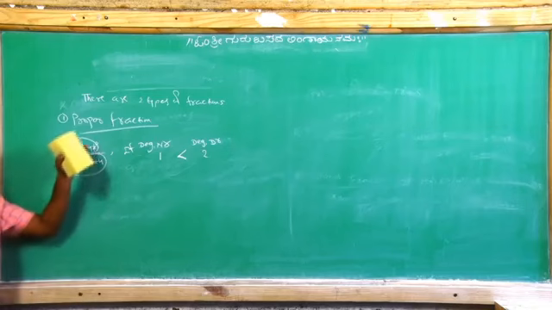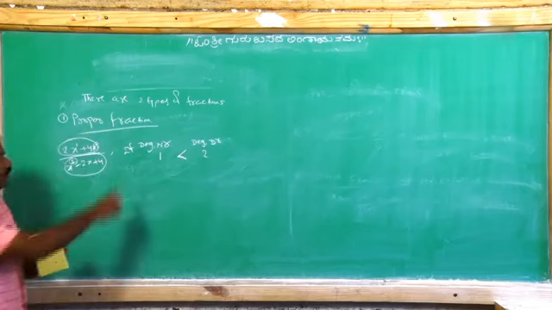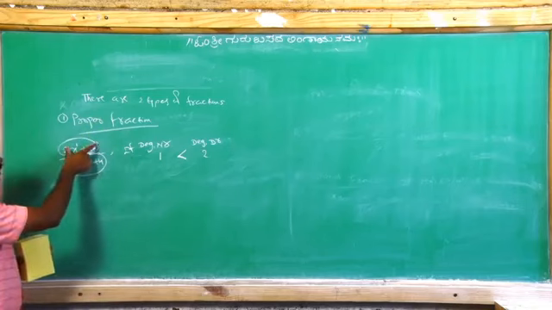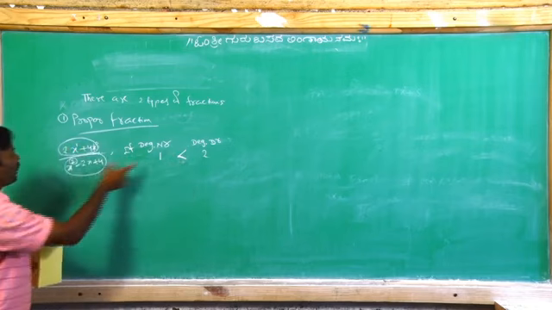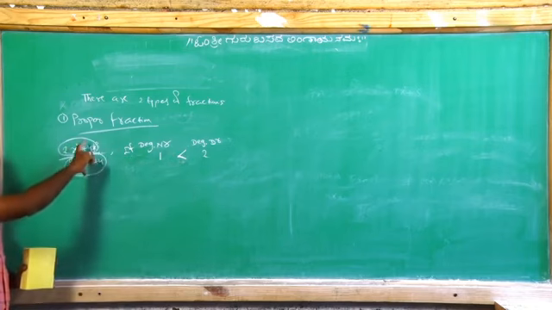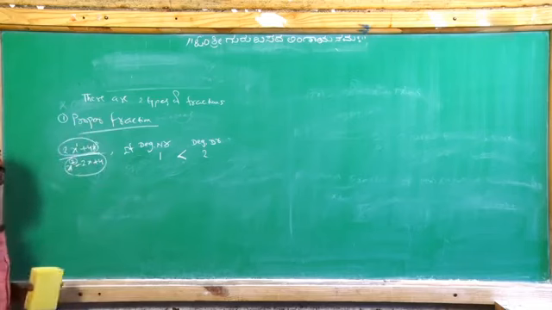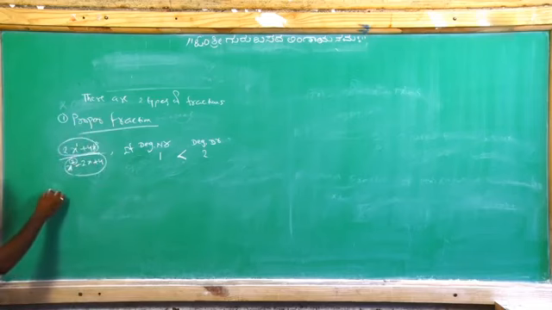So the definition of proper fraction is: if the degree of the numerator is less than the degree of the denominator, then the fraction is called a proper fraction.